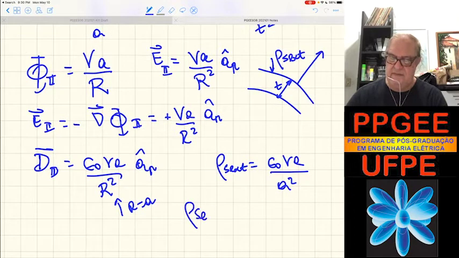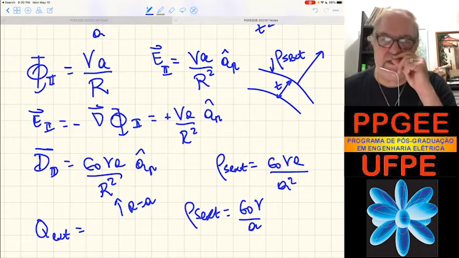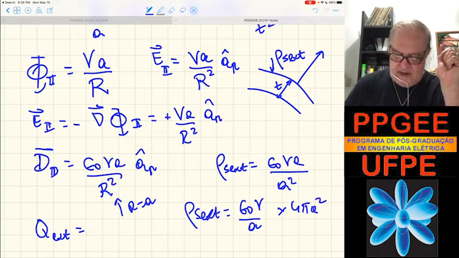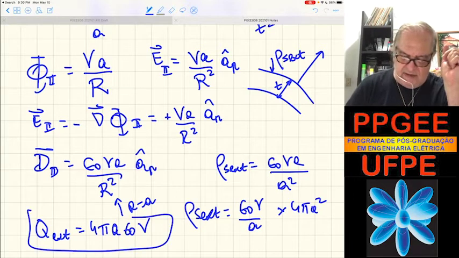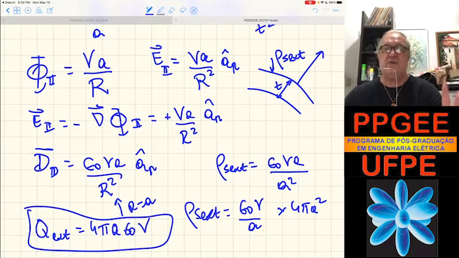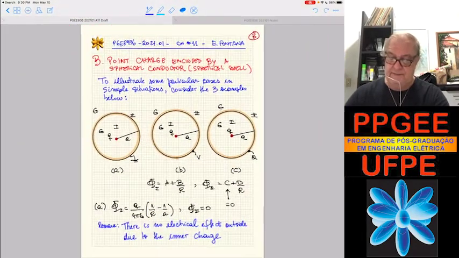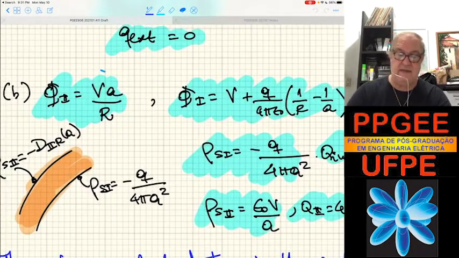So it's going to be epsilon 0 V over a. So the charge is uniformly distributed outside, with the total charge being 4 pi a epsilon 0 V. That's the total charge on the outer surface. It has no connection with the inner solution. Okay, if we go inside now, this is the solution you just got, right?